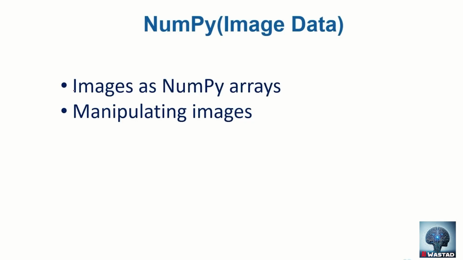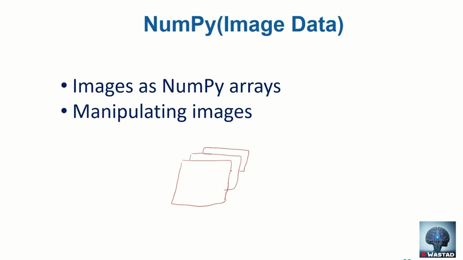Okay, let's play with images using NumPy. Image data, or images, are arrays, sometimes multidimensional arrays. If you think, for example, about RGB images, each image consists of a red band, a green band, and a blue band.